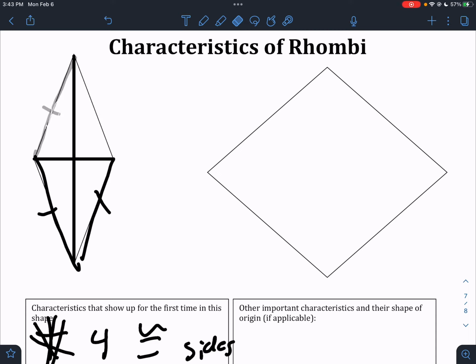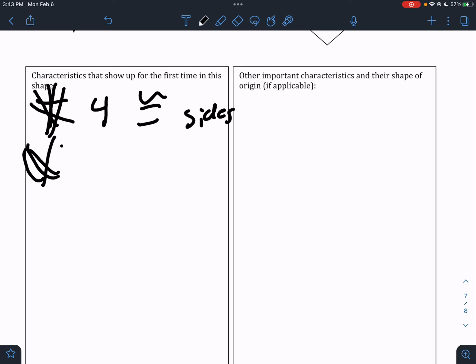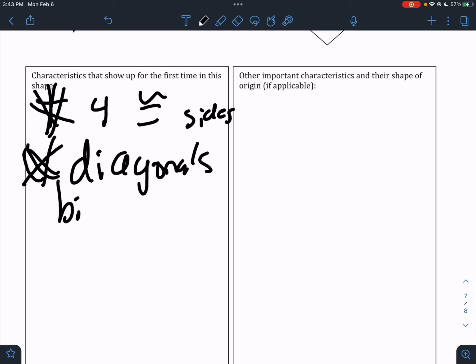So that's a big deal. We have four congruent sides. Also, 1 and 2. What do you think is true about those two angles? Right, they're equal. 3 and 4, also equal. 5 and 6, also equal. 7 and 8, also equal. So what we say is that the diagonals bisect the vertices.